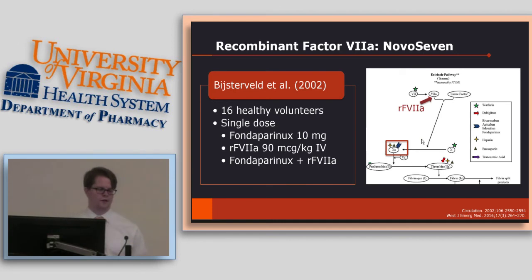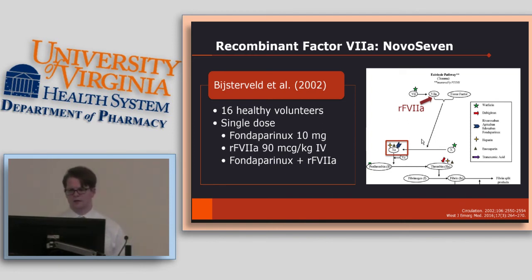The first strategy that was evaluated for reversal of fondaparinux was NovoSeven, as protamine is completely ineffective with reversing it. The first study used plasma taken from 16 healthy volunteers, and these samples were given either fondaparinux, recombinant factor VII, to see what the effects of each were, as well as a combination of both to look at reversal.